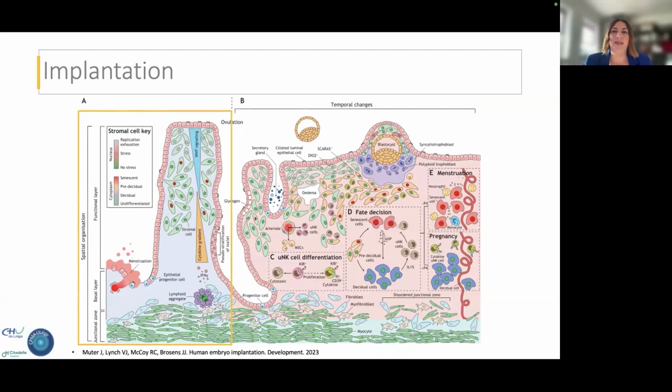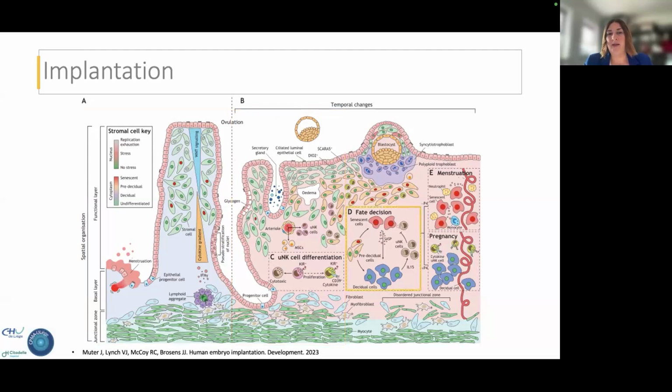This results in diverse cell populations, including exhausted, stressed, and non-stressed cells, alongside the emergence of ciliated epithelial cells. After ovulation, progesterone induces changes such as the formation of glandular vacuoles, a decidual reaction, and the recruitment of uNK cells and MSC cells during the implantation window.